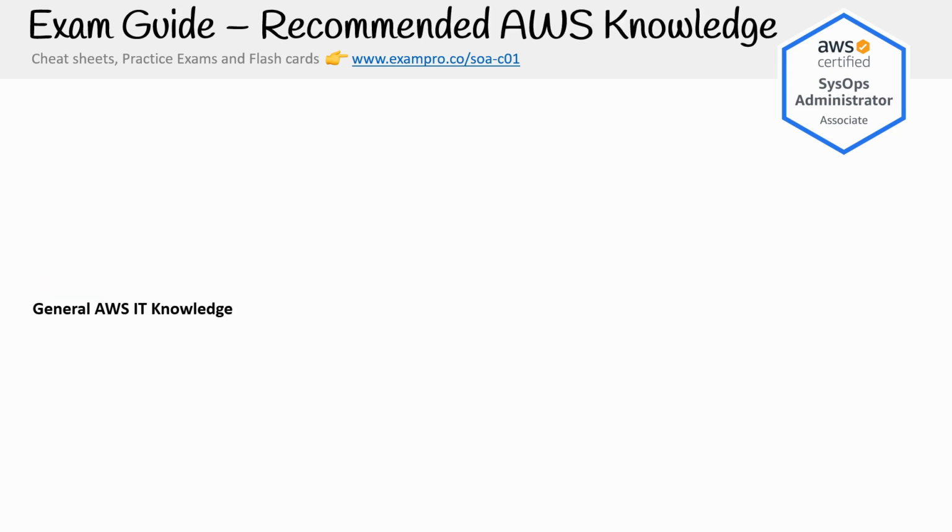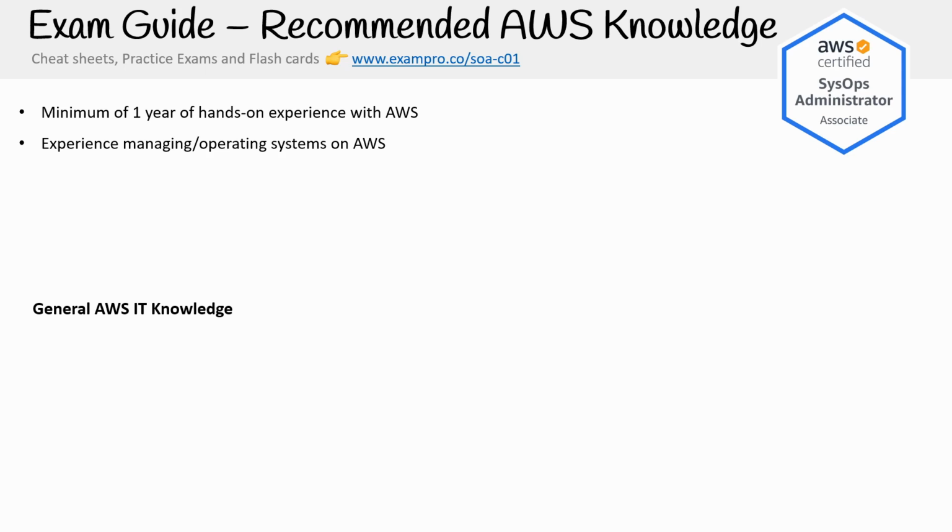On to the last domain here, we have design cost-optimized architectures. For the first subdomain, we have identify cost-effective storage solutions. They're talking about the S3 tiers, or using Glacier, or comparing it against EFS or EBS. Then we have identify cost-effective compute and data services. When we're talking about compute, we're comparing Lambda, EC2, Fargate, Kubernetes.